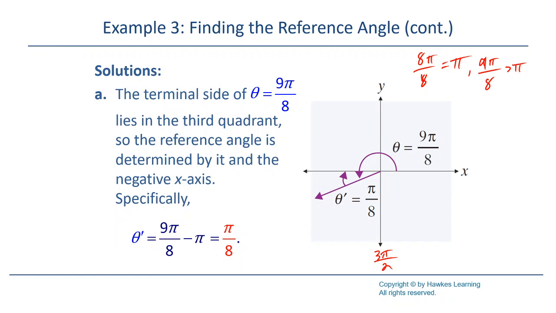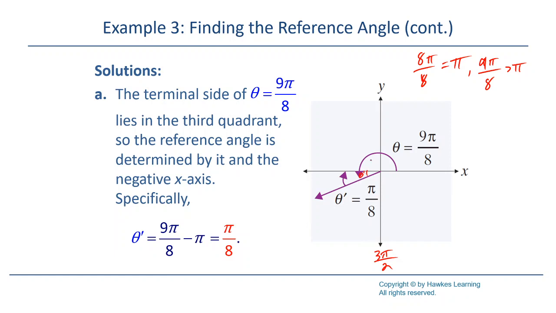So, because I know this is greater than pi, in order to get the reference angle, which remember I said was going to be between 0 and pi over 2, I know I have to subtract pi in order to get that reference angle. And if you go, well, this isn't in the third quadrant. Correct. Because this is theta prime here.